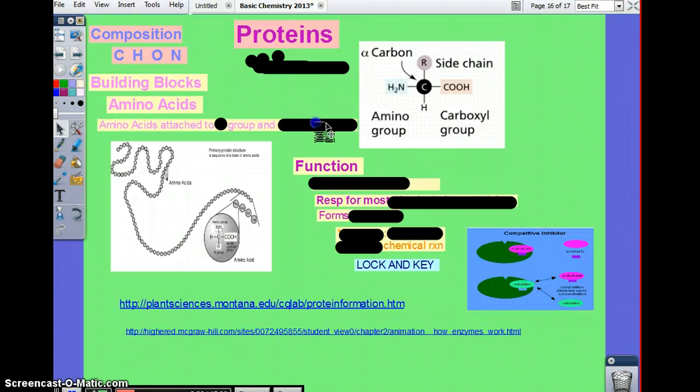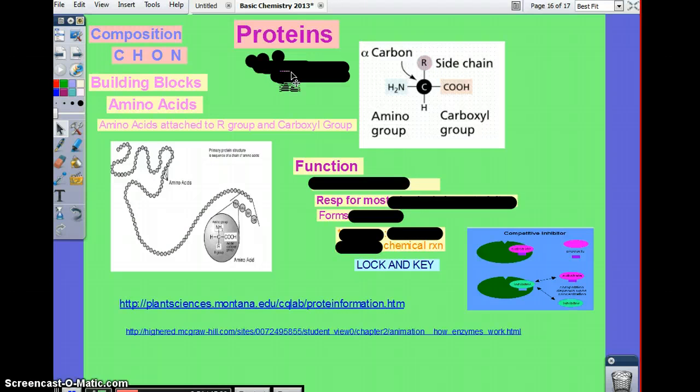A carboxyl group and, all you're doing is interpreting diagrams. The amino group is the amino acid. It's attached to a carboxyl group and a what? Side chain. R. Good.